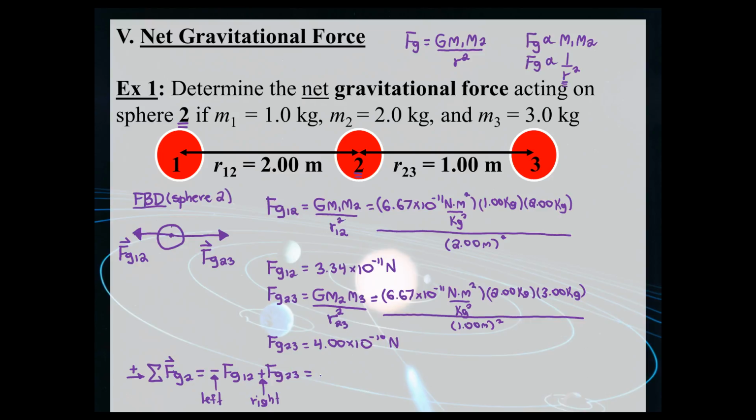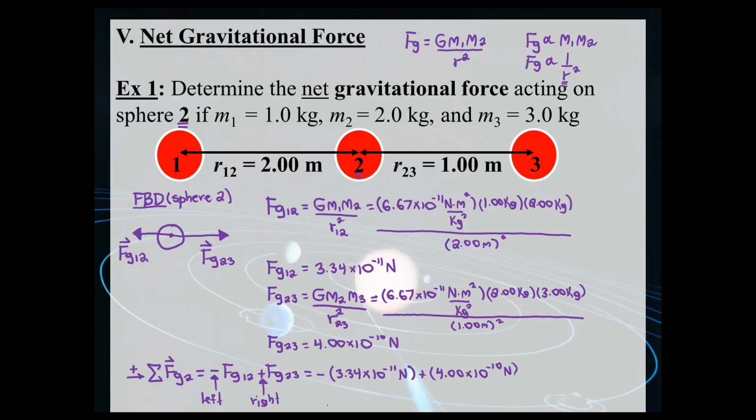Okay, now it's a matter of just plugging the numbers in. So Fg12 is 3.34 times 10 to the negative 11 newtons plus 4.00 times 10 to the negative 10 newtons.